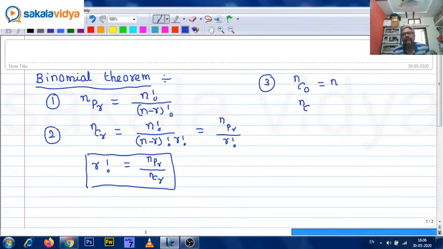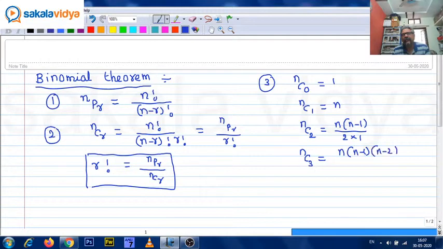Next, nC1. nC1 is n. nC2 is, generally we may use this formula, n times (n minus 1) upon 2 factorial, that means 2 into 1. nC3 is equal to n into (n minus 1) into (n minus 2) upon 3 into 2 into 1, that is 3 factorial.